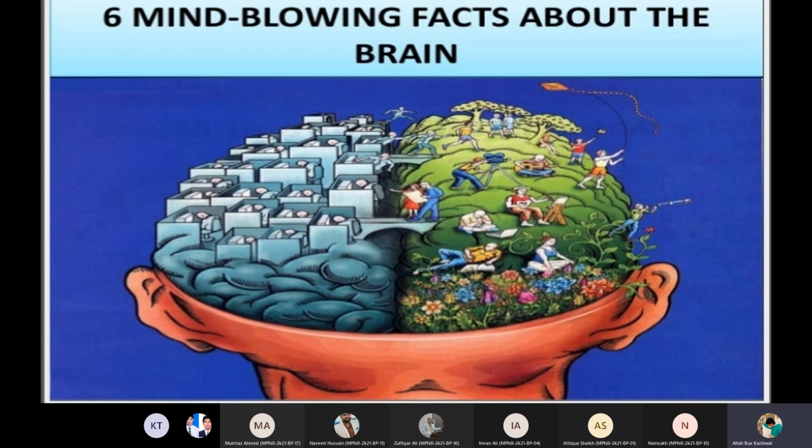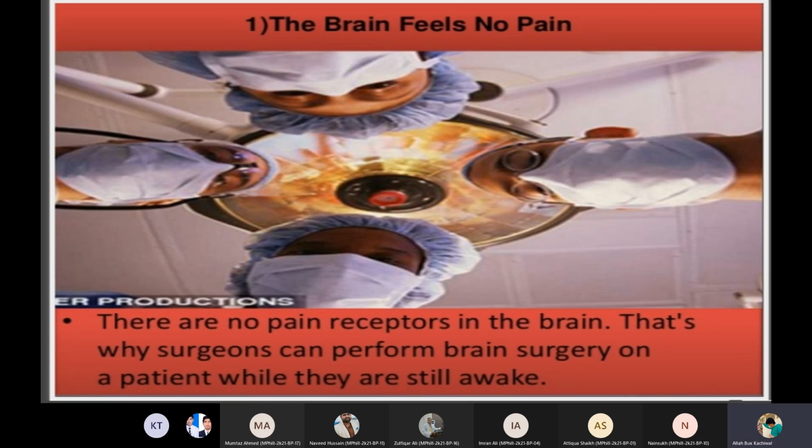Now some facts about the brain. The brain feels no pain. There are no pain receptors in the brain. That's why surgeons can perform brain surgery on a patient while they are still awake.